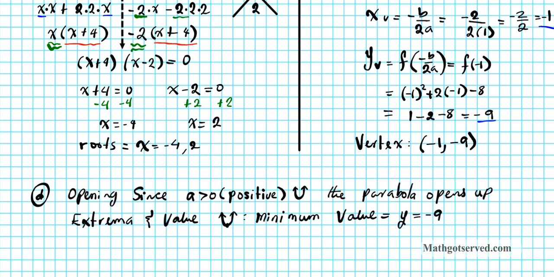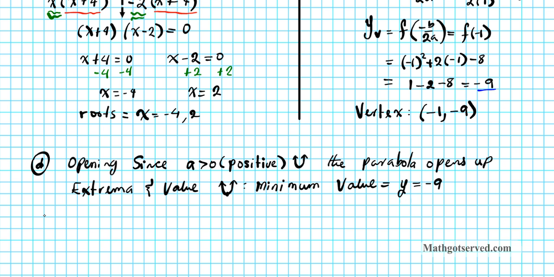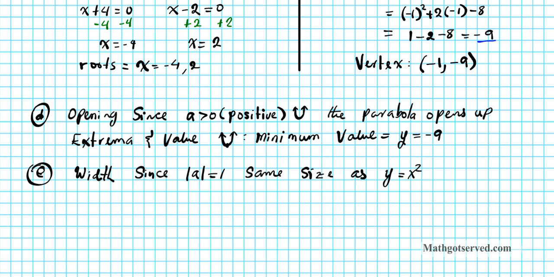Okay, so that's the minimum value. All right, now let's describe the width, the e part. So the width, since the absolute value of a is equal to 1, is going to be the same size. Okay? Same size as what? As your parent quadratic y equals x squared.